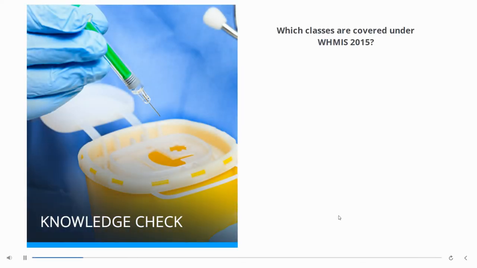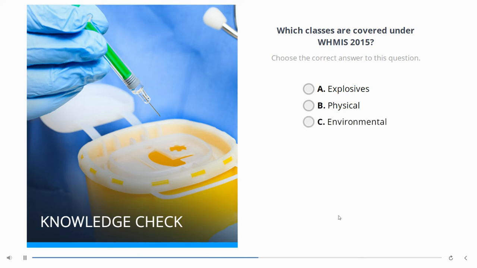Which classes are covered under WHMIS 2015? A. Explosives. B. Physical. C. Environmental. D. Health. E. B and D. F. All of the above.